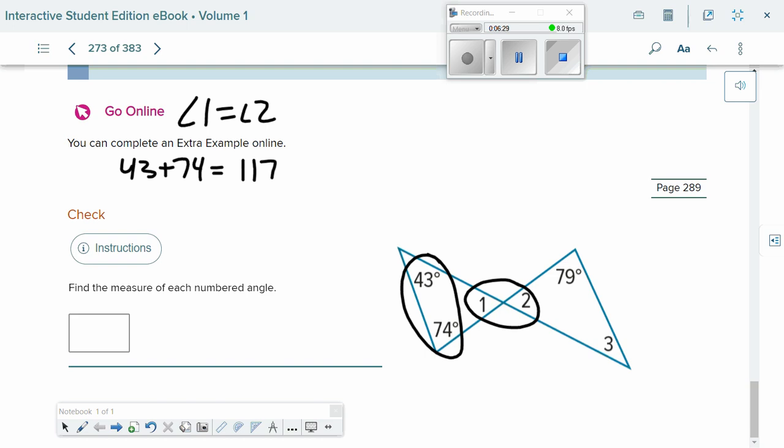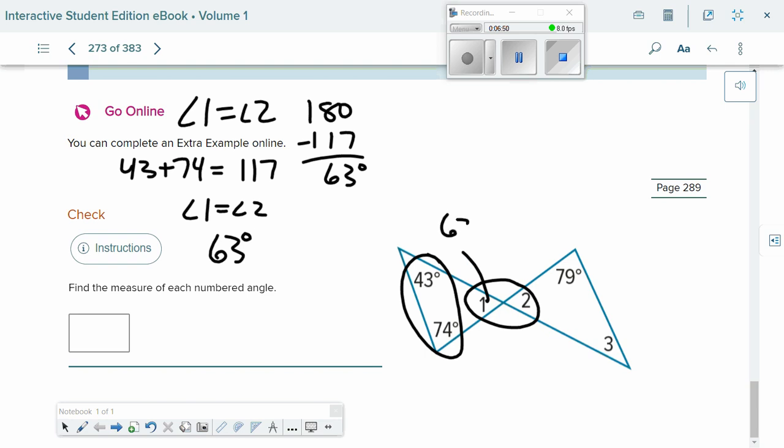I can go ahead and subtract those two from each other. Okay. And here I think I get 63 degrees. So since angle 1 is equal to angle 2, both of them should be 63 degrees. So I can say 63 here and 63 here.